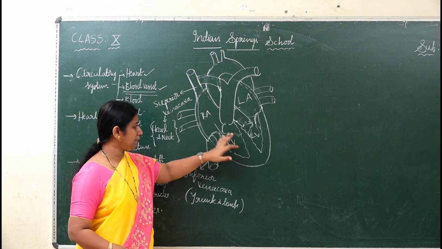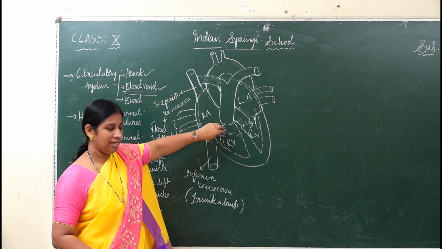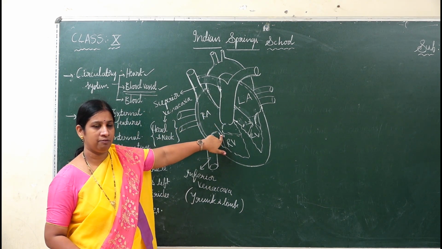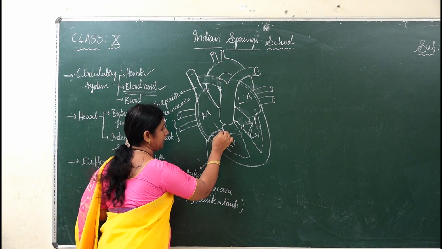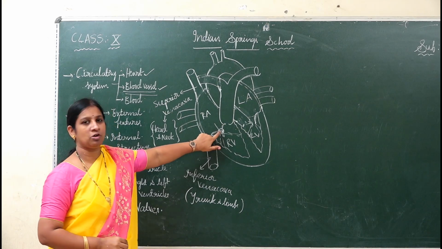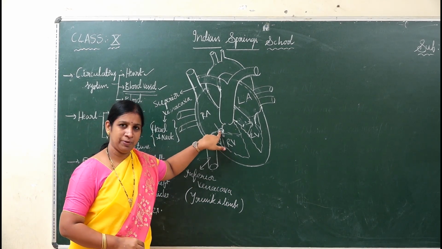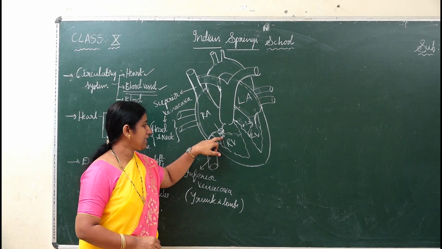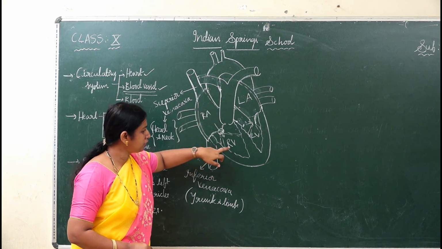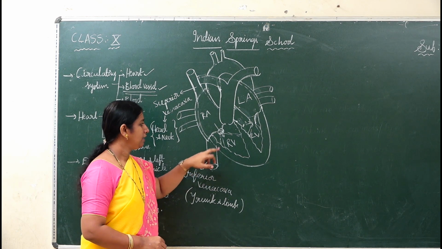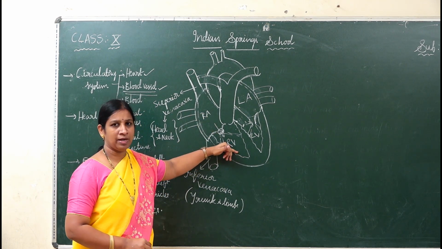As I said, each chamber has a door, right. Here the door is the valve, called the tricuspid valve, as I said in the previous class. This tricuspid valve allows blood from the right auricle into the right ventricle. Now the blood enters the right ventricle.